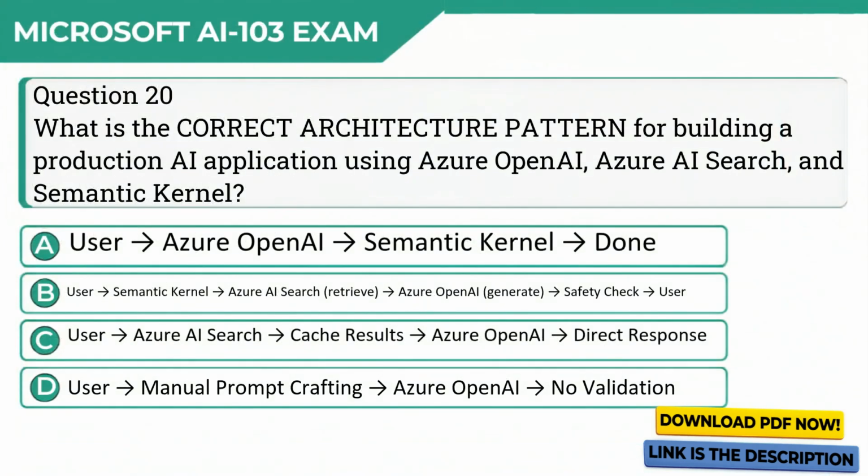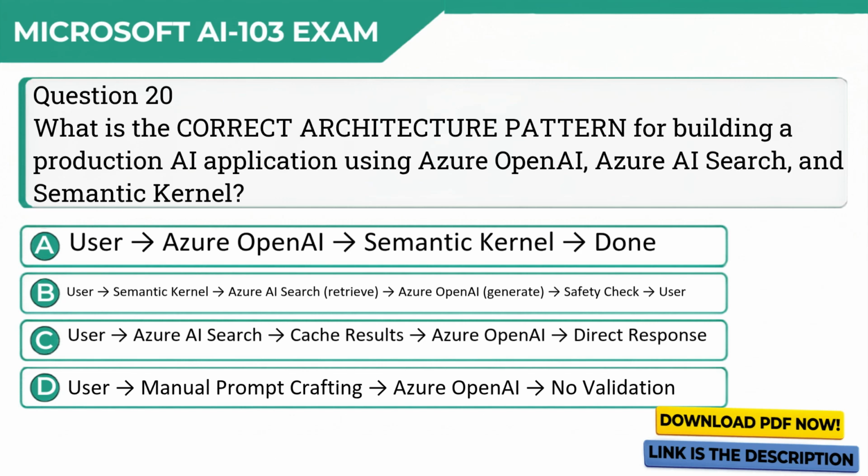Question 20. What is the correct architecture pattern for building a production AI application using Azure OpenAI, Azure AI Search, and Semantic Kernel? A. User to Azure OpenAI, to Semantic Kernel, done. B. User to Semantic Kernel, Azure AI Search retrieve, Azure OpenAI generate, safety check, then back to the user. C. User to Azure AI Search, cache results, Azure OpenAI direct response.